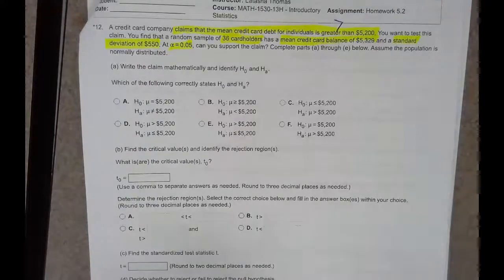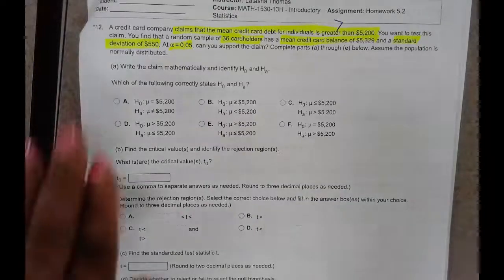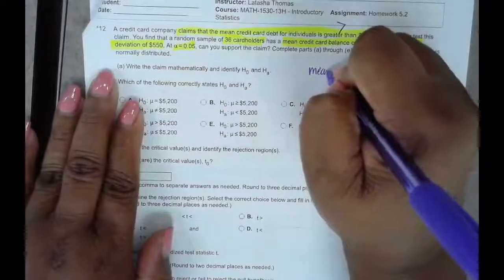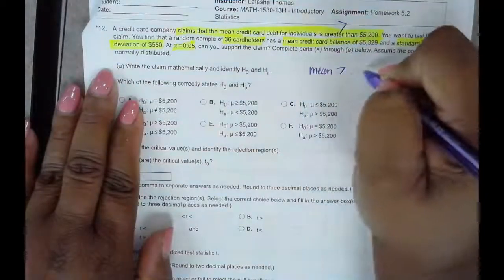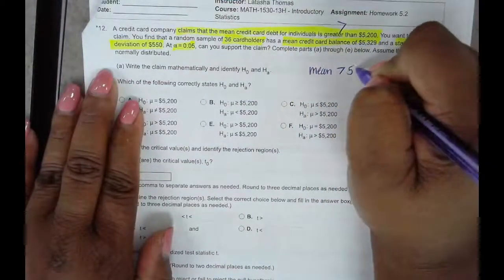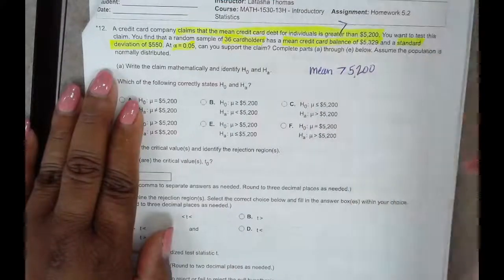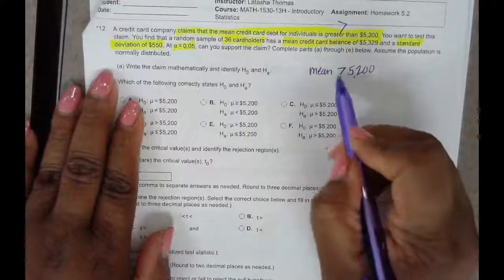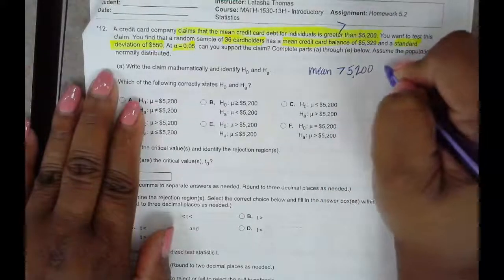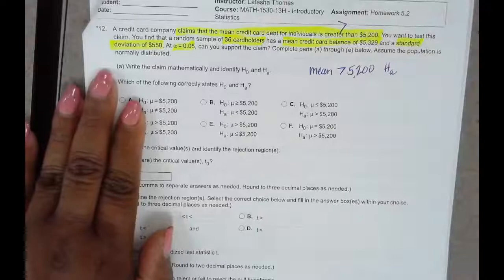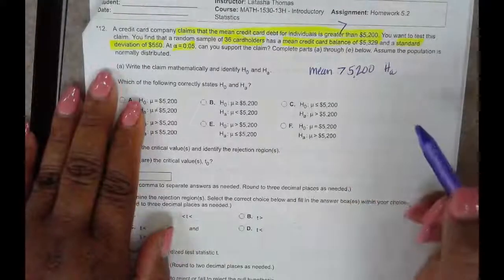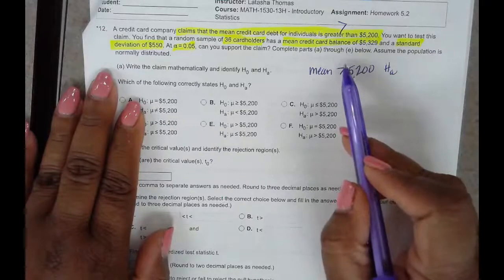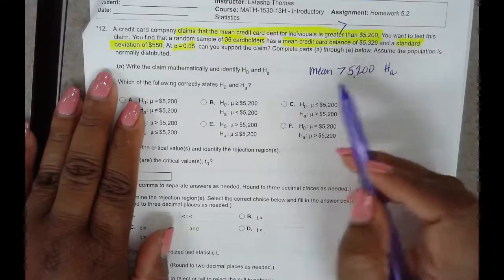So let's start off with the claim itself. What is the claim? The claim is that the mean is greater than $5,200, the credit card debt. That symbol means that this is going to be H alternative. So the opposite of this is less than or equal.